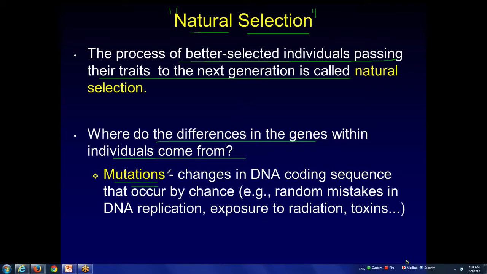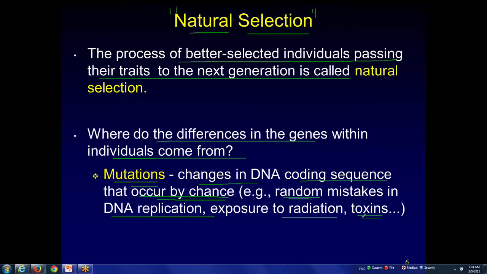What happens is you have a mutation, a change in the DNA coding sequence that occurs by random chance. They are random. They've done studies on mutations, and they found they are indeed random. They can be mistakes in DNA replication. They could be because of exposure to radiation or toxins. There are a lot of different things that can cause mutations.